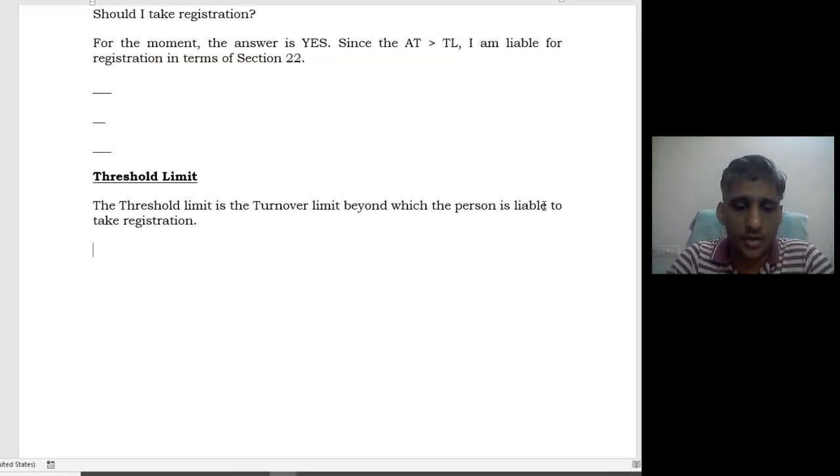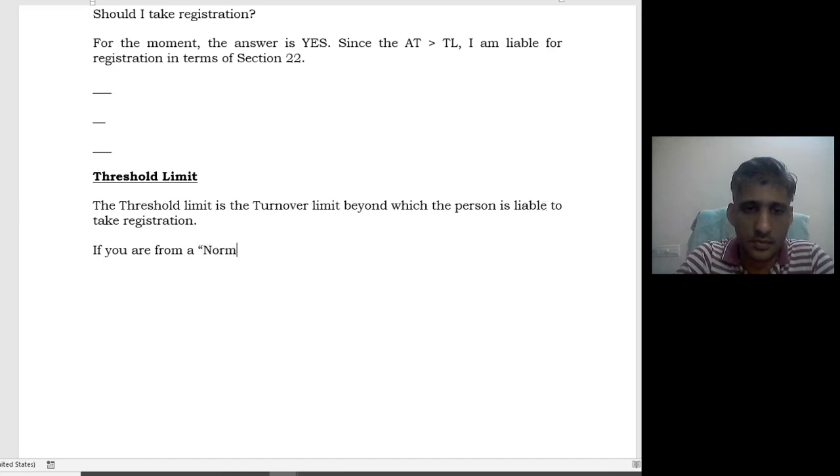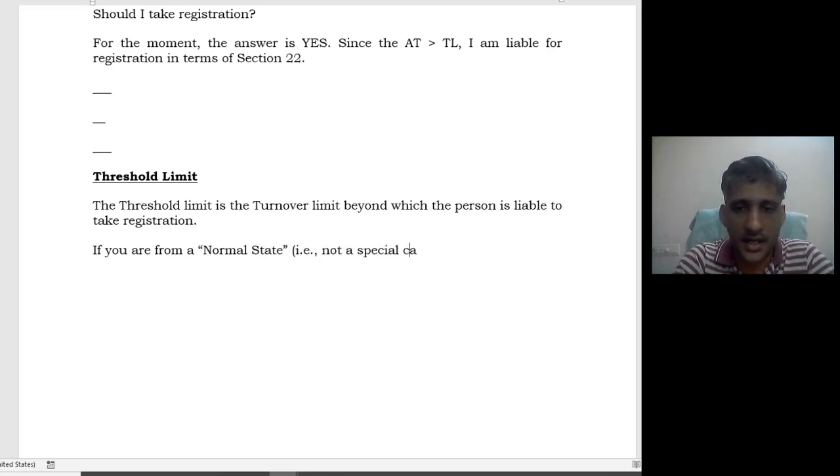So if you are from a normal state, that is not a special category state, then 20 lakhs is the limit.